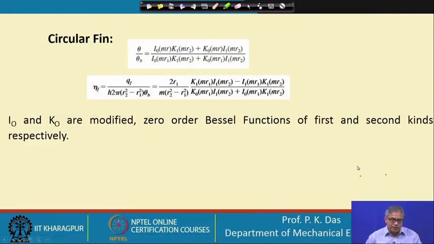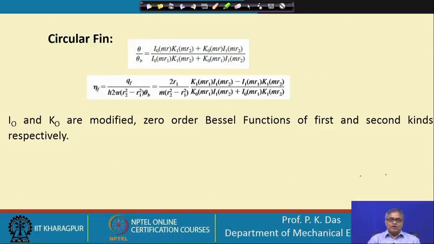So, circular fin. Here also we will get the expression of theta, which is the non-dimensional temperature, in terms of modified Bessel function of zero order and first order. Then efficiency we also get, but you can see how the efficiency formula has become complex.